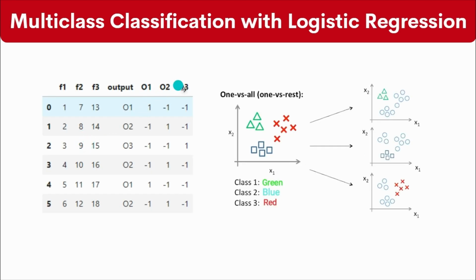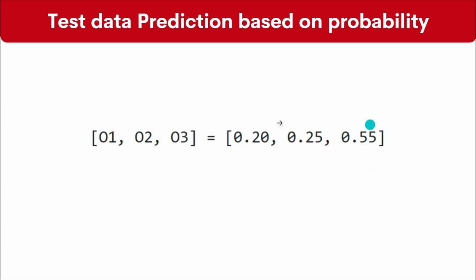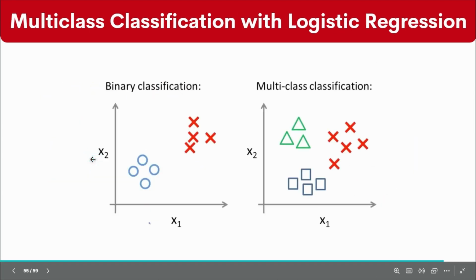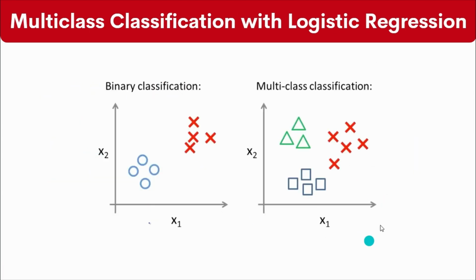For O1, O2 and O3, if you make a new prediction, you will get a probability of how likely O1 is, how likely O2 is, and how likely O3 is. Whichever has the higher probability, here O3, will be your prediction output for this particular new data. That's how logistic regression works on multi-class and binary classification.